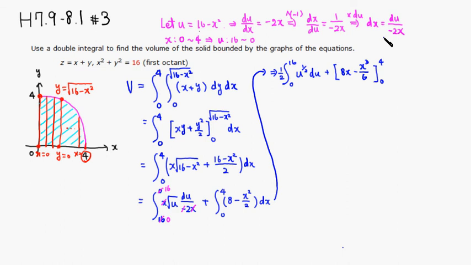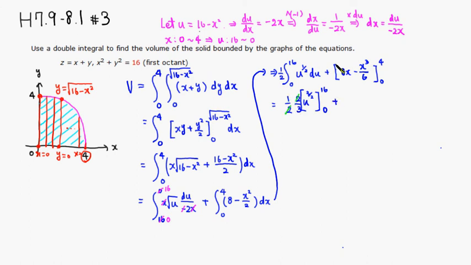So this is going to be 1/2 to the power 1/2. Add 1 to the power, so it's going to be 3/2. Dividing by 3/2 is equivalent to multiplying by 2/3. Since it's just a number, I'll leave that outside, going from 0 to 16. Then we can clean up a bit. 2 on top and 2 on the bottom cancel out.